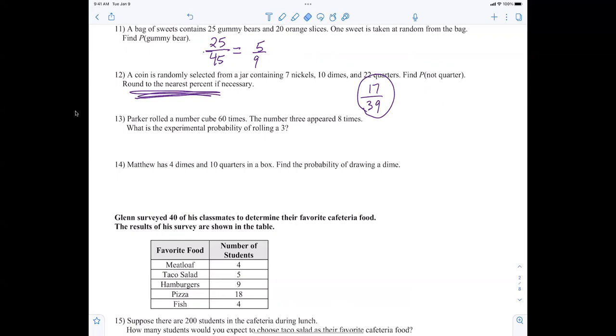What would be the decimal for 17 out of 39? 0.4 what? 0.43. So we'll just go ahead and say, I'm agreeing with you, 0.436. All right, so then if I said, what percentage would that be about? 43.6%. Is everybody okay with that? Now, the reason why I'm making you do that is because we got ERBs coming up. You need to know a decimal, you need to know a percent, you need to know a fraction. Everybody's good with that?